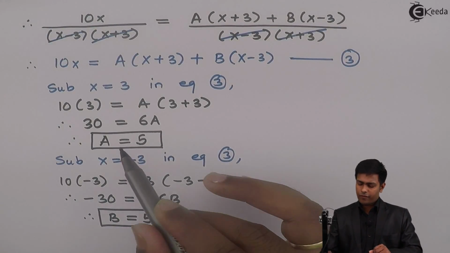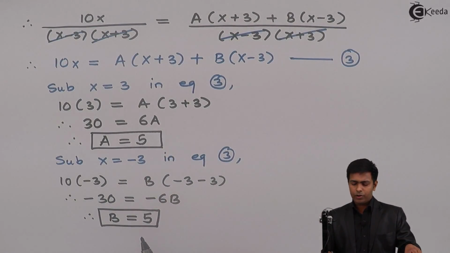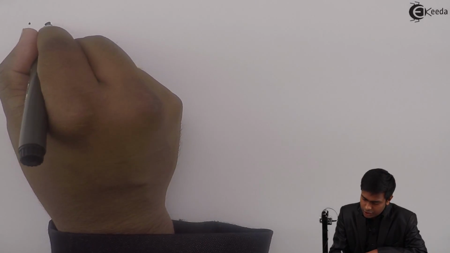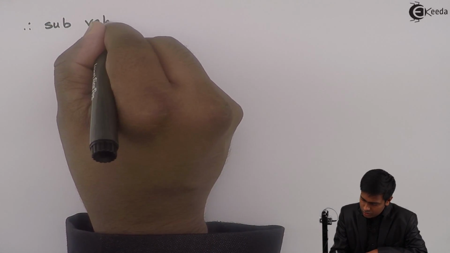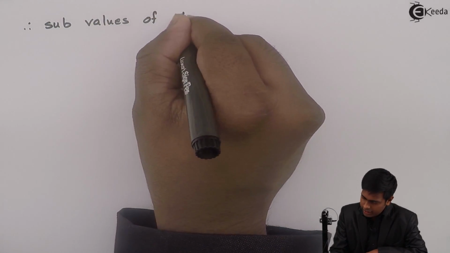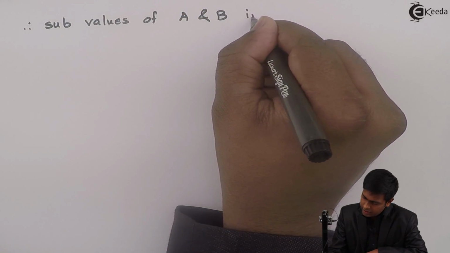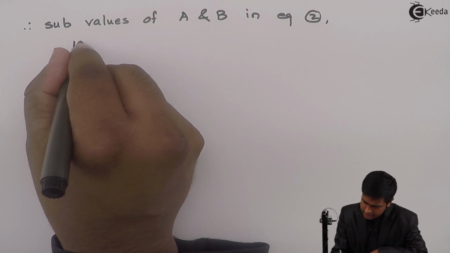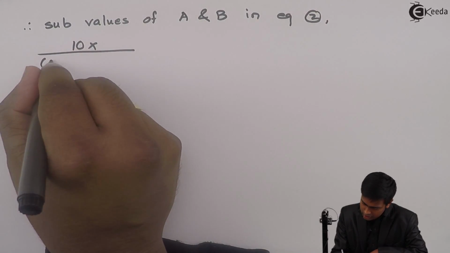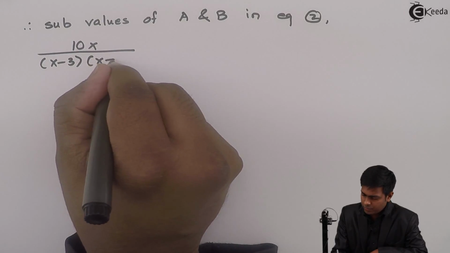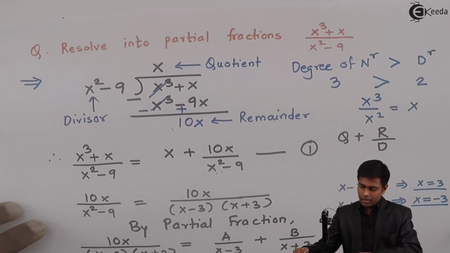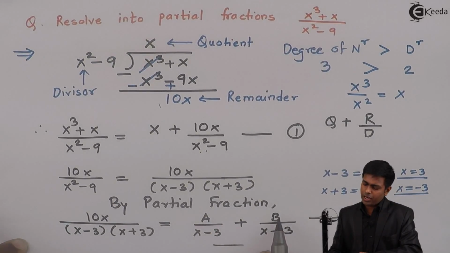Now we will substitute the value of a equal to 5 and b equal to 5 in equation number 2 to get the partial fraction. So therefore I will say substituting values of a and b in equation number 2, it will give us 10x upon x minus 3 x plus 3 equal to, so here the equation is a upon x minus 3 plus b upon x plus 3.